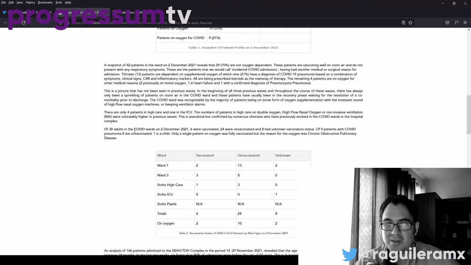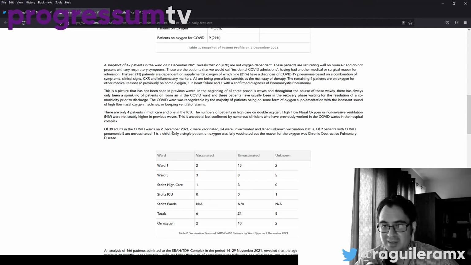Of 38 adults in the COVID wards on 2 December 2021, 6 were vaccinated, 24 were unvaccinated, and 8 had unknown vaccination status. Of 9 patients with COVID pneumonia, 8 are unvaccinated, 1 is a child. Only a single patient on oxygen was fully vaccinated, but the reason for oxygen was chronic obstructive pulmonary disease.